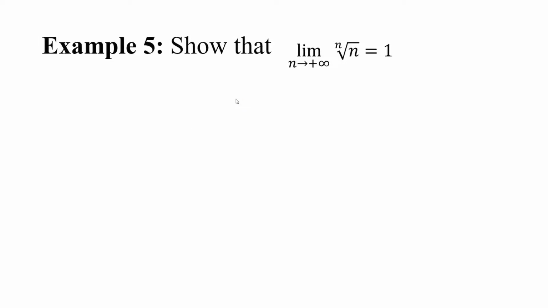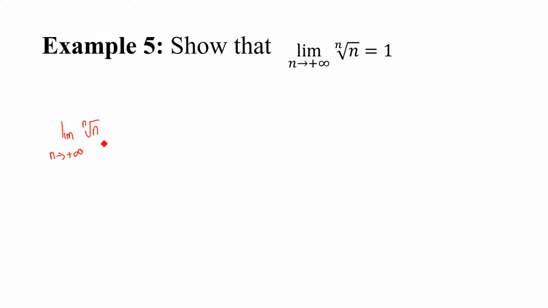Okay, so you have shown that the limit of the nth root of n as n approaches positive infinity is equal to 1. So in this case, for our solution, we have the limit of the nth root of n as n approaches positive infinity.